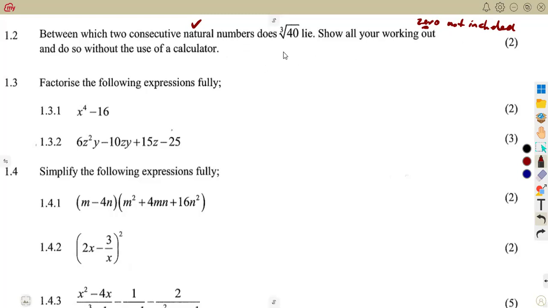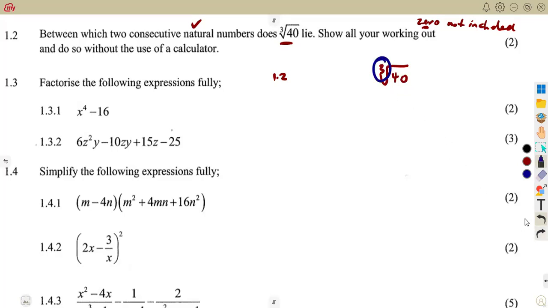So if we are talking about whole numbers, guys, what is the cube root of 40? The number that we have there, which is 40, is not a perfect cube.